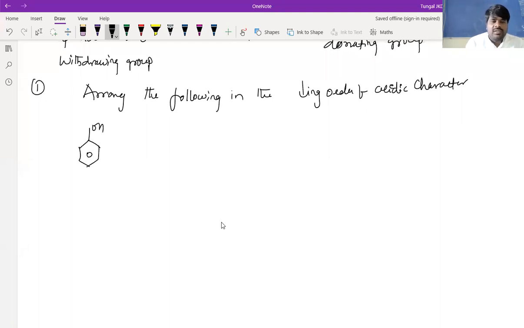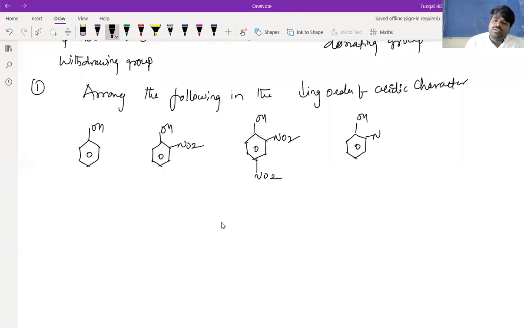This is your phenol. This is your nitrophenol. This is your dinitrophenol. And this is your trinitrophenol.